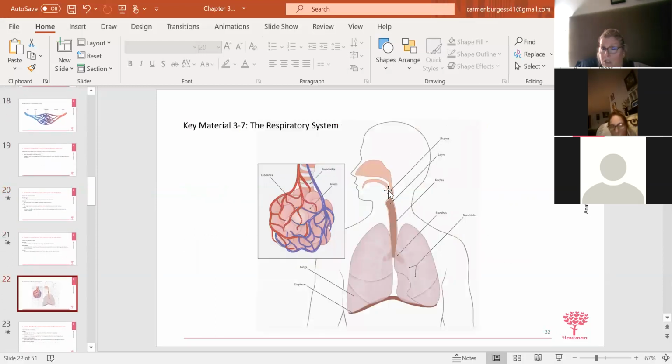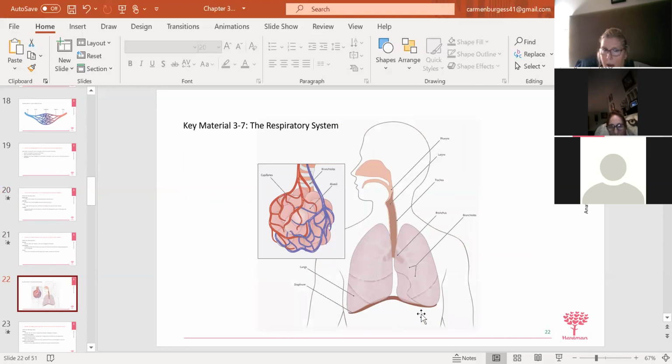The pharynx, it just is the way it flows. The pharynx is your throat. Your larynx sits at the top of the trachea. The trachea leads down to your lungs. It separates into the right and left lung, or the bronchus, the bronchioles.